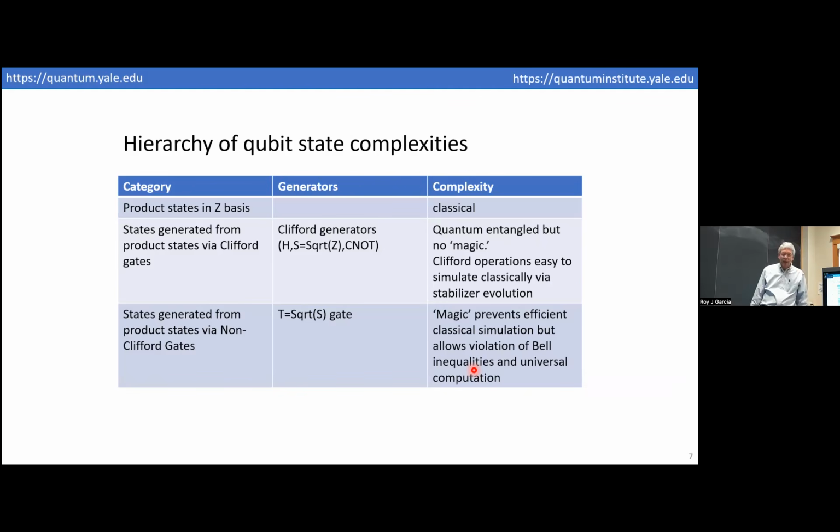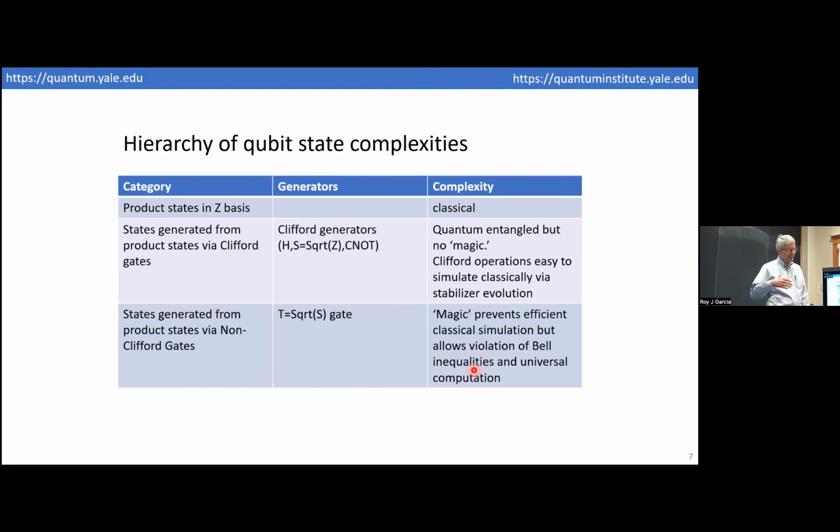So I learned yesterday there's quite a bit of expertise, at least in a subset of the audience, in quantum optics. So I'm just going to briefly talk about how I decide how complex the states are that I'm going to make. And for qubits, of course, the simplest thing is a product state. Then I can generate states from Clifford operations. They have entanglement, but nevertheless, those processes are easy to simulate classically by looking at the evolution of stabilizers.